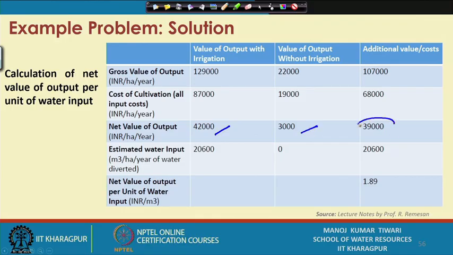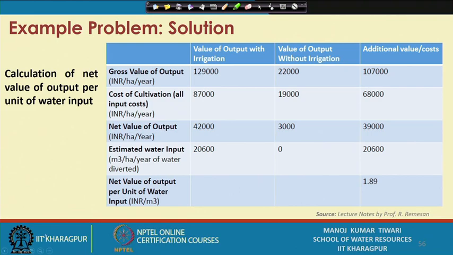So the additional value due to irrigation is 39,000, and the water input is 20,600. So the net value of output in terms of rupees per meter cube is 1.89. That is the net value of output from the irrigation.